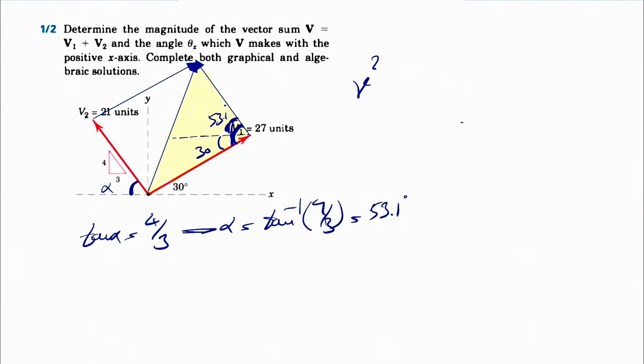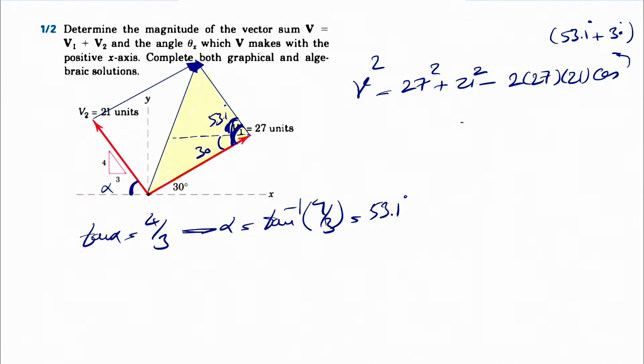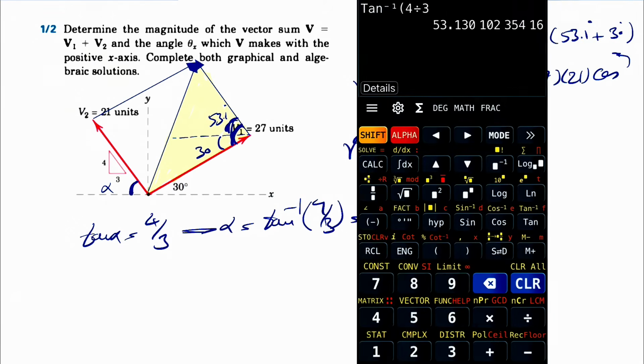So if we want to do the law of cosines, we have v squared equal to 27 squared plus 21 squared minus 2 times 27 times 21 times cosine of the angle that we just found, which was 53.1 plus 30 degrees. So we can find v, which would actually be the square root of what we had in the previous step.